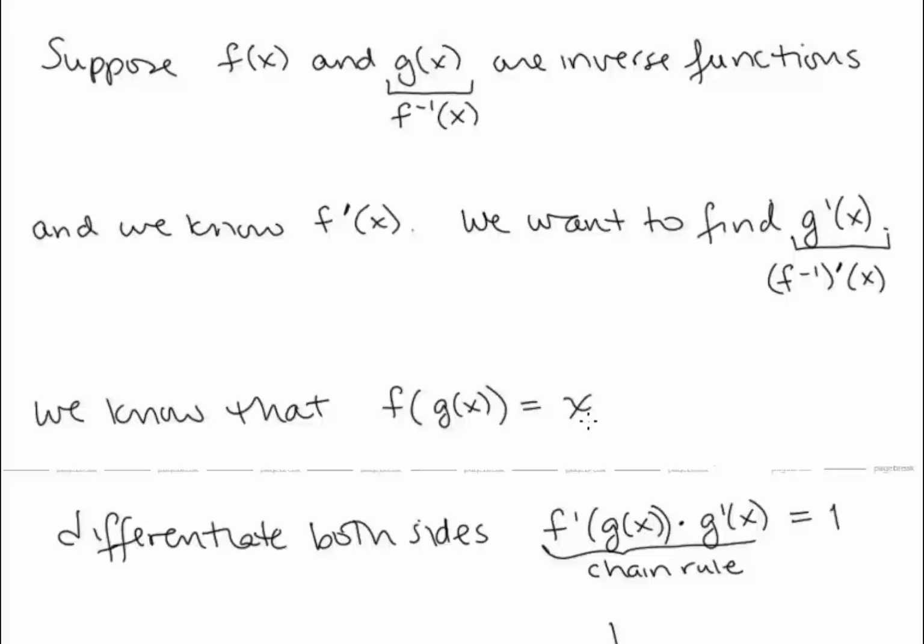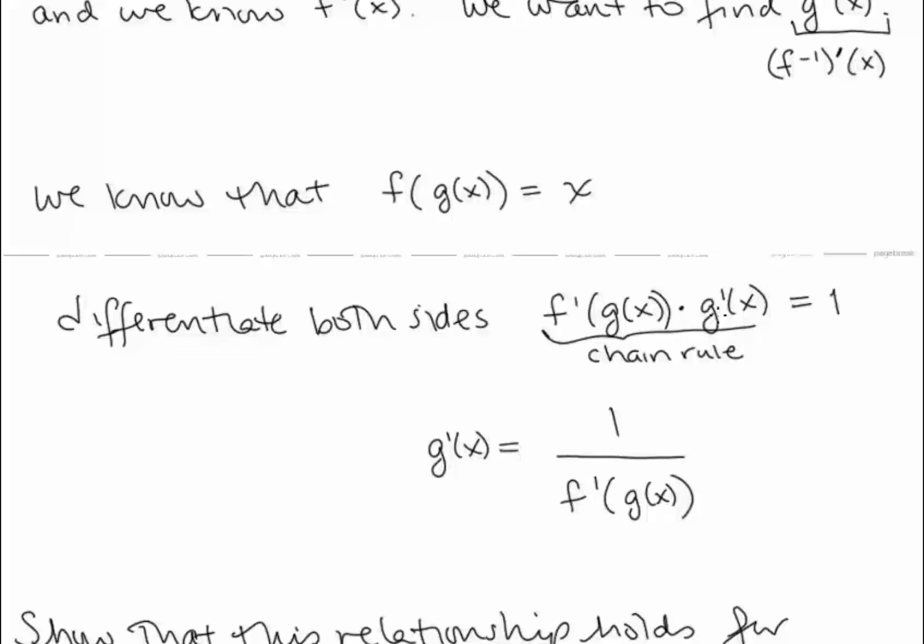On the right-hand side, we just get 1. This tells us g prime of x is 1 over f prime of g of x. We just divide by f prime of g of x here. So now we have a formula for finding g prime based on f prime and g.